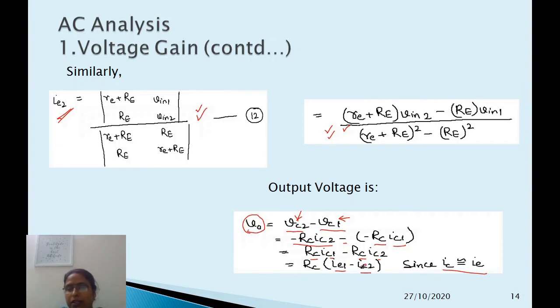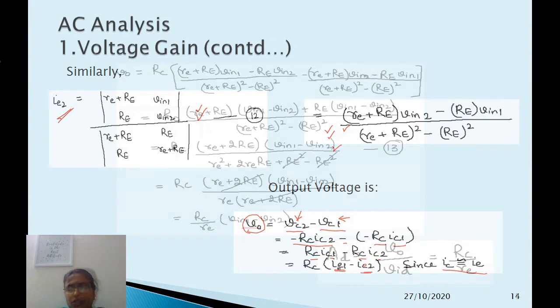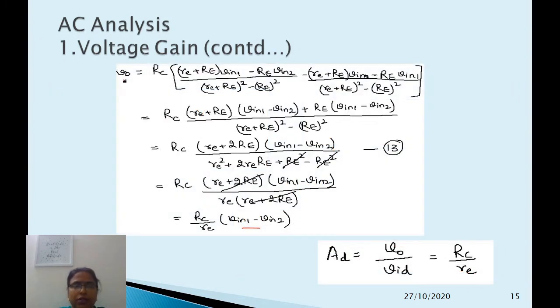Okay? So we have found the values of IE1 and IE2. Putting those values, we will get V0 is equal to RC common, and inside the bracket are the IE1 and IE2 values. We have taken Vin1 minus Vin2 terms on both sides, and like this we have simplified it.